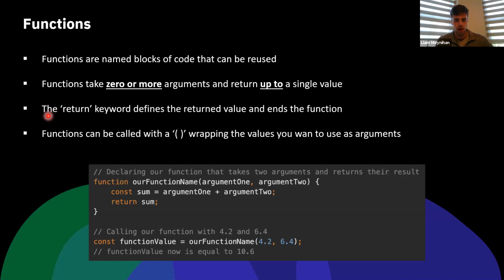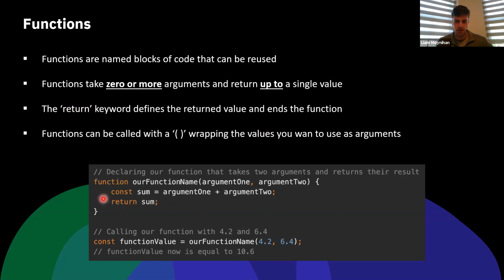The return keyword tells us what we want to return from a function, and functions can be called with the parentheses wrapping the things that you want to give as arguments.